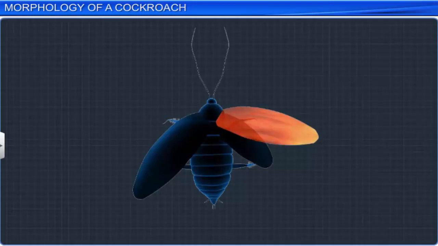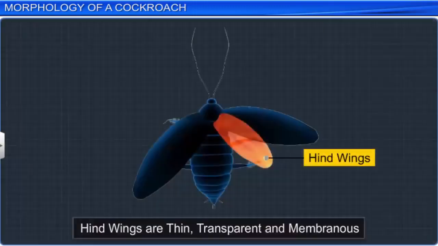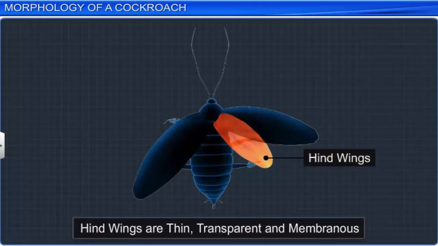The mesothoracic wings, or the forewings, are called tegmina. These wings are dark, opaque, and leathery, and cover the hind wings at rest, while the hind wings are thin, transparent and membranous and are used in flight.